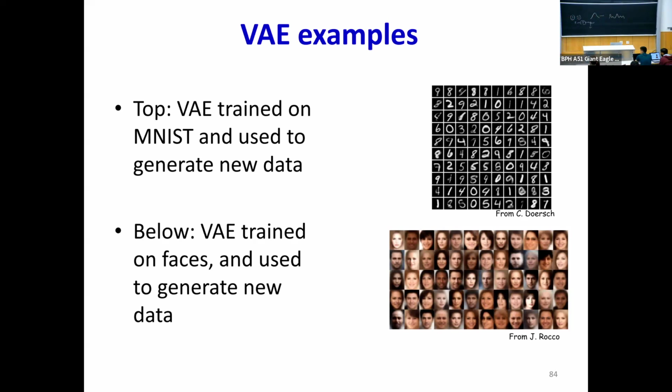What would be better if your initial distribution itself was somewhat closer to the final distribution you wanted to begin with? Remember, we just chose P of z to be a standard Gaussian. There was no need for us to choose P of z to be a standard Gaussian, right? If P of z were closer to the target distribution, the decoder would have to work less hard, and you'd expect to do a better job of modeling the distribution.